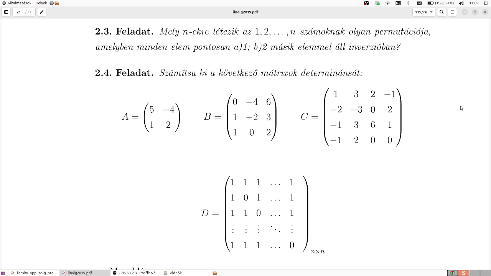And okay, there are different ways to terminate this, but this is zero.